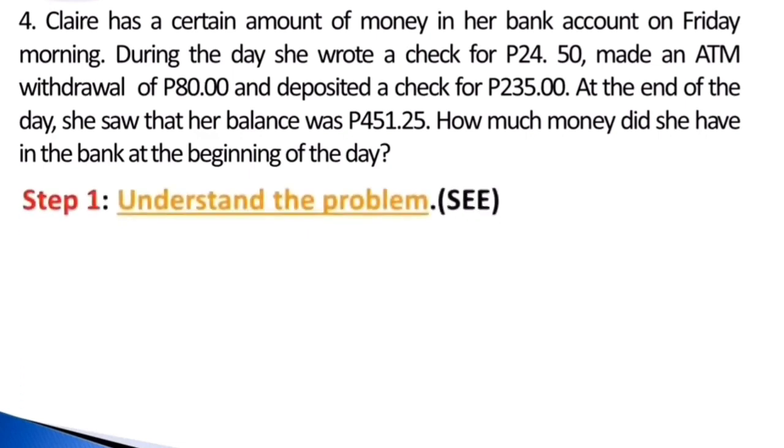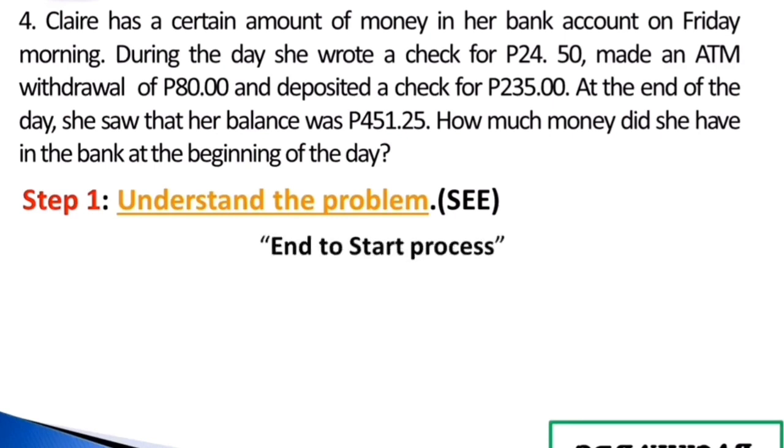So again, let us have the first step of George Polya, understanding the problem, and the keyword is see. In this case, what we're going to apply as a strategy is what we call working backward. Meaning to say, we're going to do the end-to-start process.